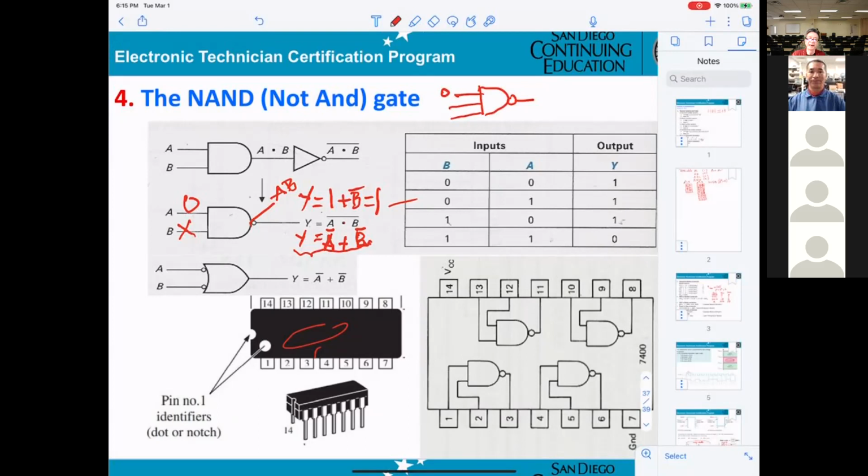For that, you get one input at 0, and the output I said must be 1. The other input we don't care.